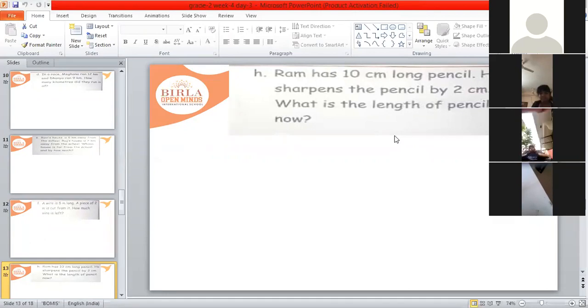Fine. Ganesh, hands down. Kartika, hands down. Which unit will you use to measure the length of a door? Yes, Misbah. Unmute yourself.